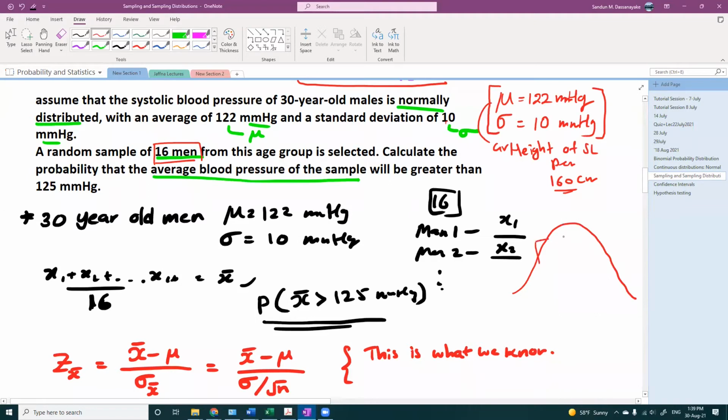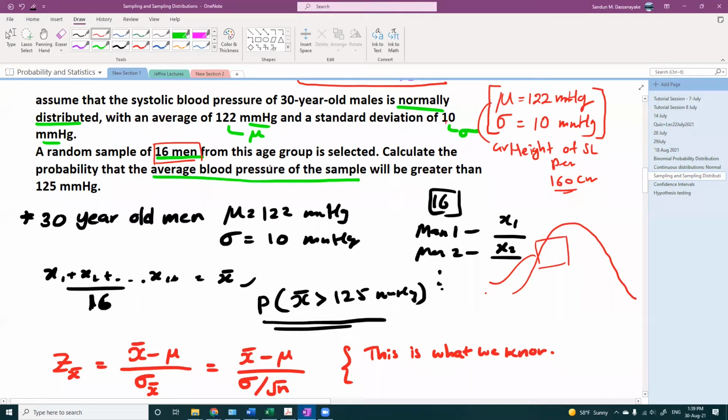You don't know what the sample is. You take some sample, do a descriptive statistics test, and check the average blood pressure. You don't know how it will go. You are going to check that.